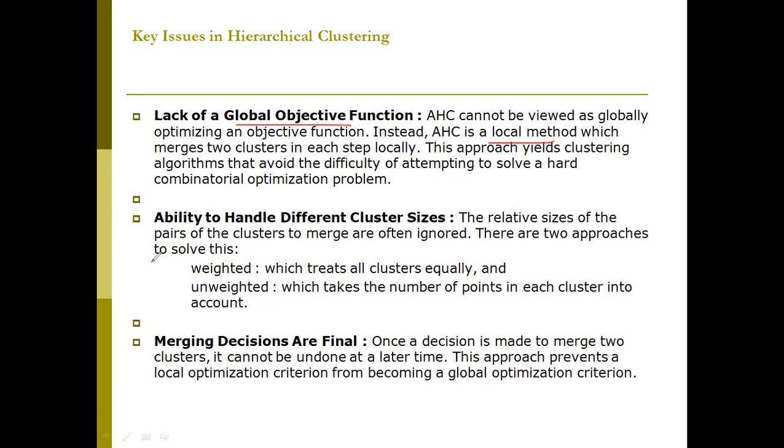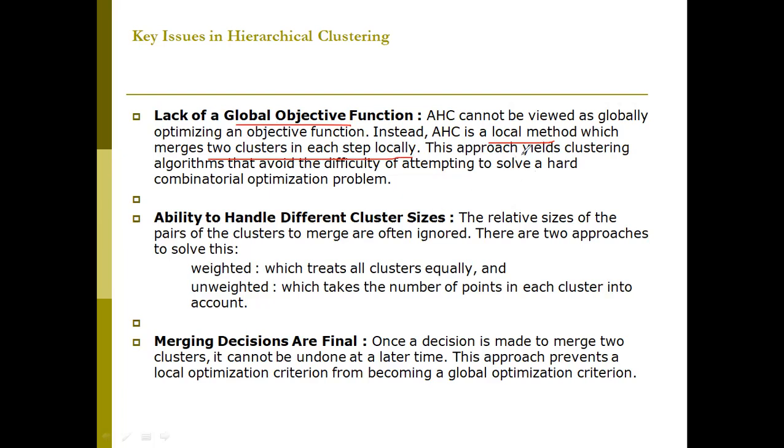We wouldn't reach the global objective function, because by using this technique we can merge only two clusters at a time. That is called a local method. A local method merges two clusters in each step locally.